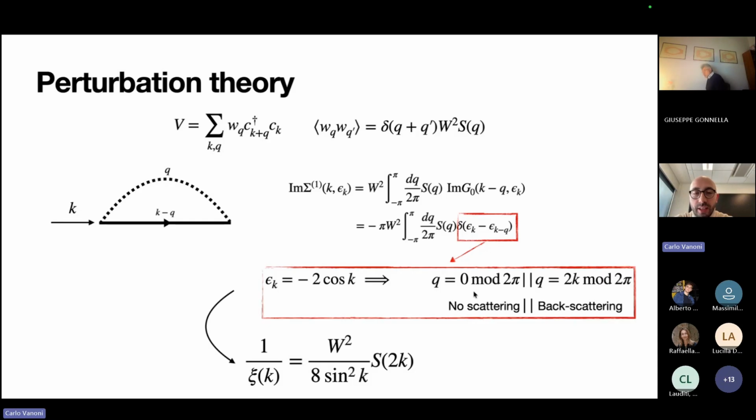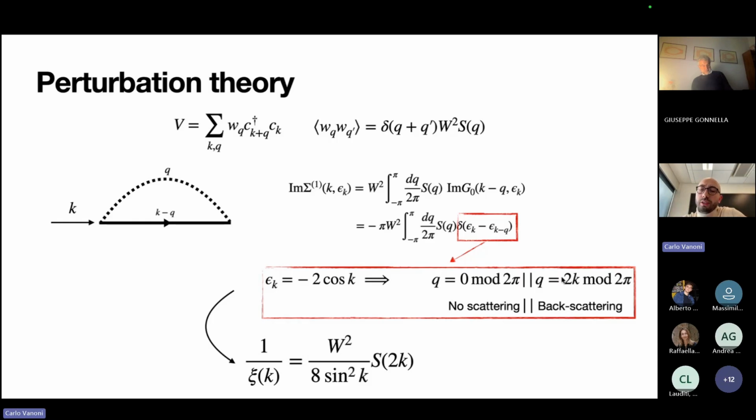And so this is really not the interesting part for the localization that we are interested in. But actually, the non-trivial part is where q becomes equal to 2k. And this is simple to understand, because what you're saying is that the electron simply gets backflipped and comes back from where it was coming from, okay? And so this is the part responsible for localization.